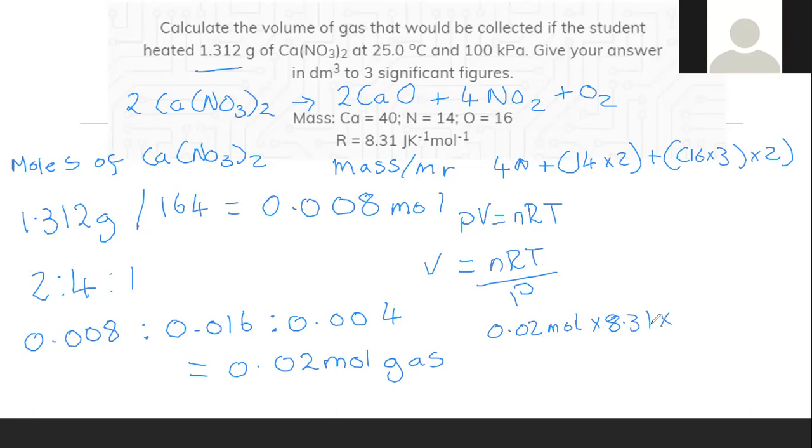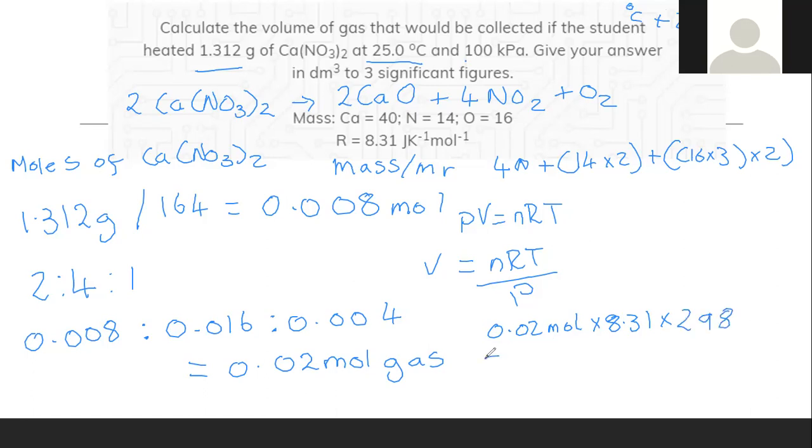Now, temperature in this question has been given in Celsius, 25 degrees, and we need it in Kelvin. The conversion for Celsius to Kelvin is plus 273.15. So whatever your degrees Celsius is, plus 273.15. So our Kelvin is 298.